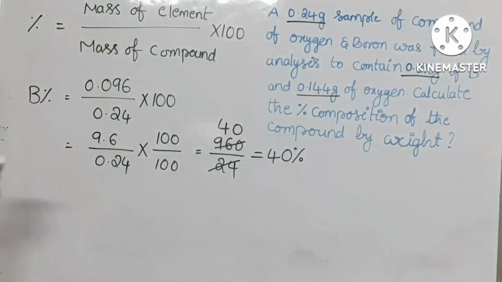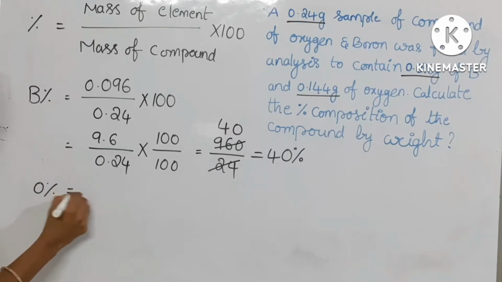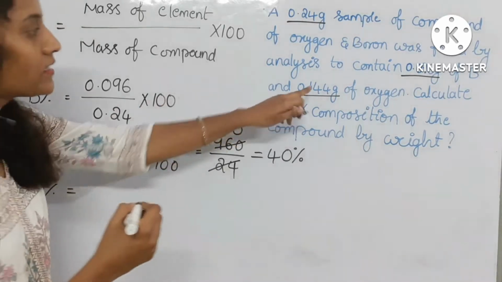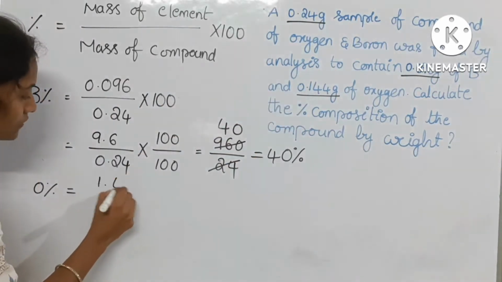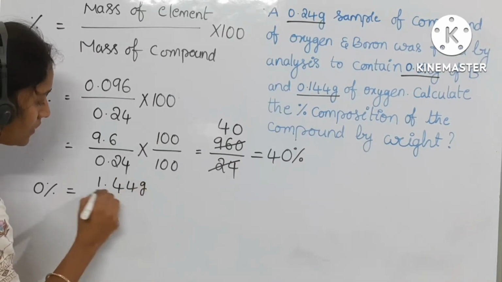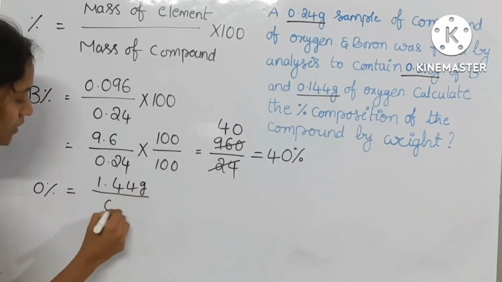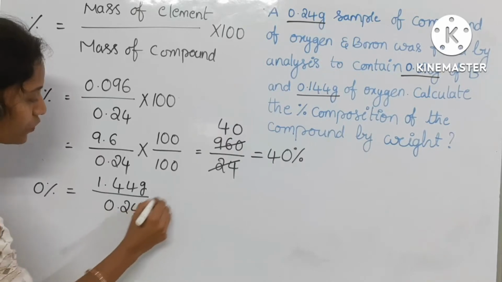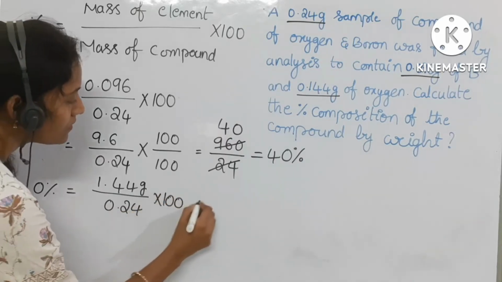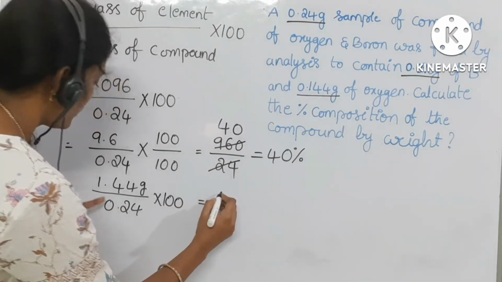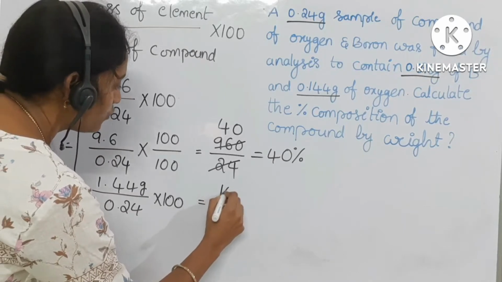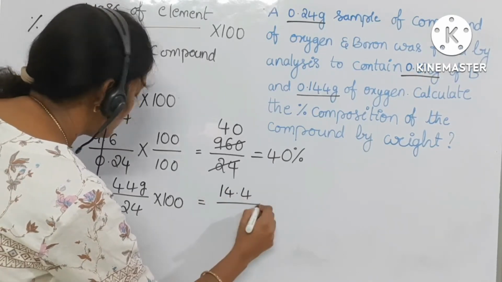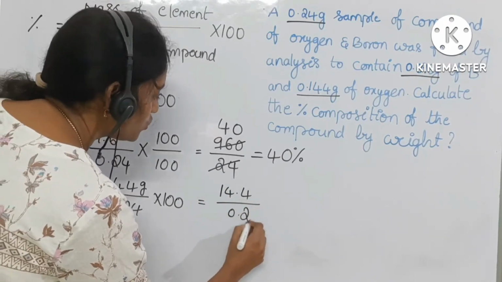Then coming to the calculation of oxygen's percentage, oxygen weight is 0.144 grams upon complete compound weight 0.24 into 100. Then this 14.4 upon 0.24.